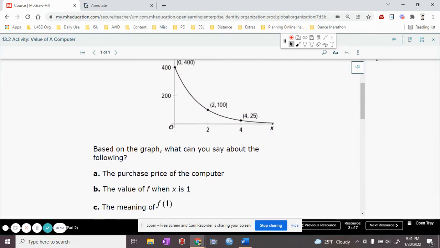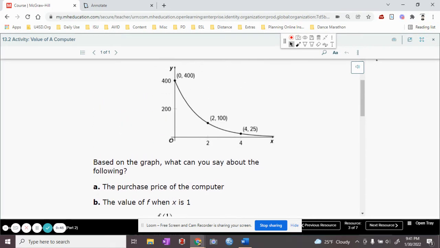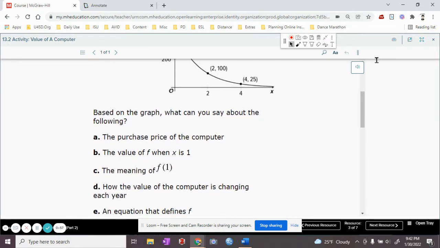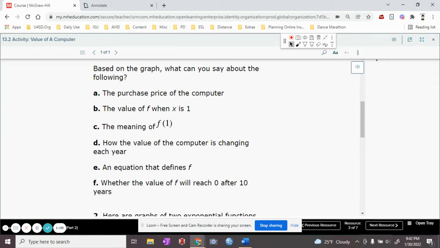So based on the graph, what we are going to do is answer some questions. I really want to take some time here to look at the purchase price of the computer, to find the value of f when x is 1, what f of 1 means, how the value of the computer is changing each year, and then to write an equation that defines f.